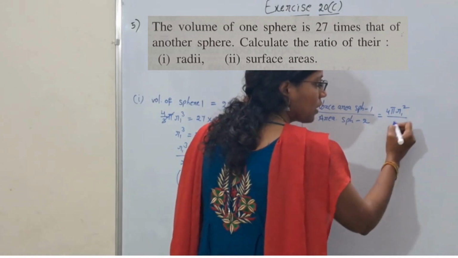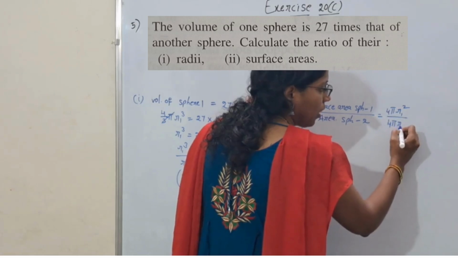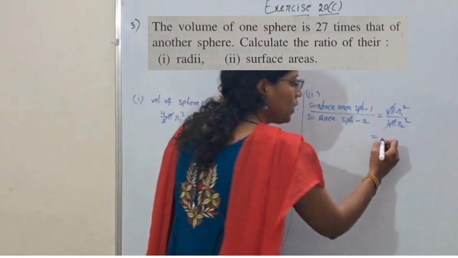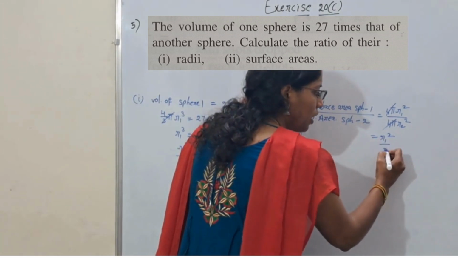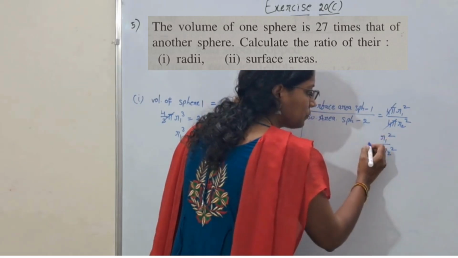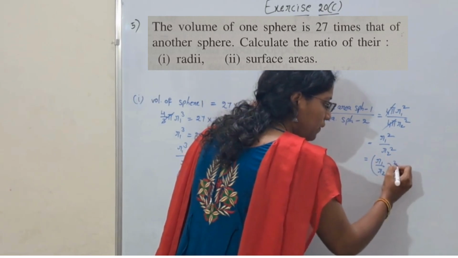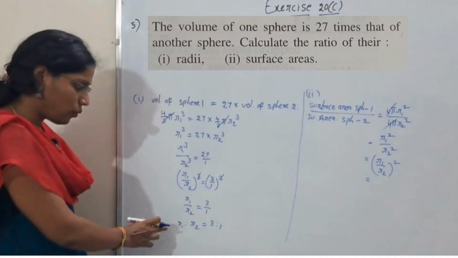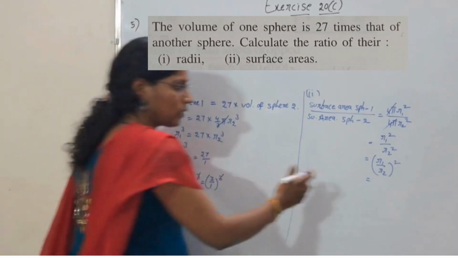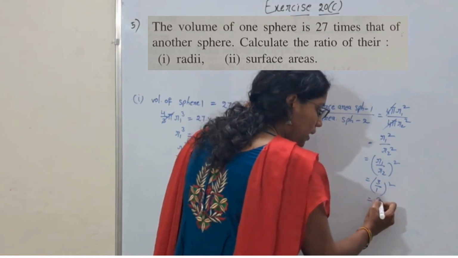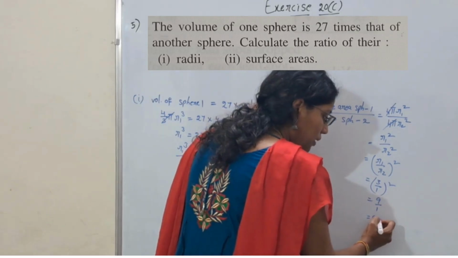Here r1 square by 4 pi r2 square. 4 pi cancel. Remaining r1 square by r2 square. Here r1 by r2 whole square we can write. r1 by r2 value we already know, 3 by 1. 3 by 1 whole square. Here 9 by 1. So 9 is to 1.